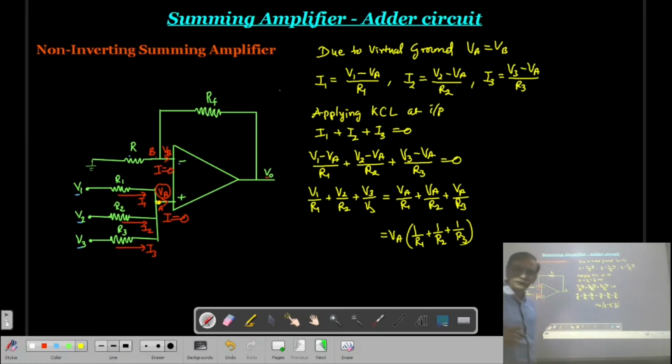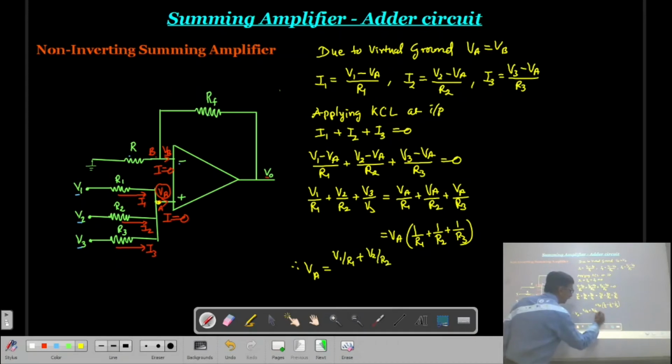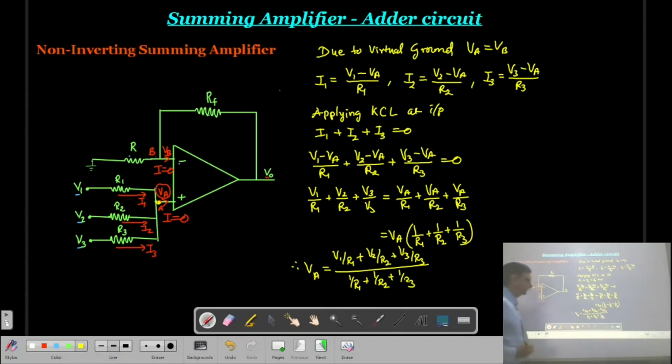So here we are calculating the potential at point A. Therefore VA will be equal to V1 by R1 plus V2 by R2 plus V3 by R3 divided by 1 upon R1 plus 1 upon R2 plus 1 upon R3. Correct?